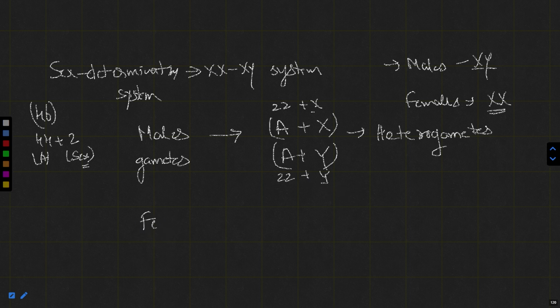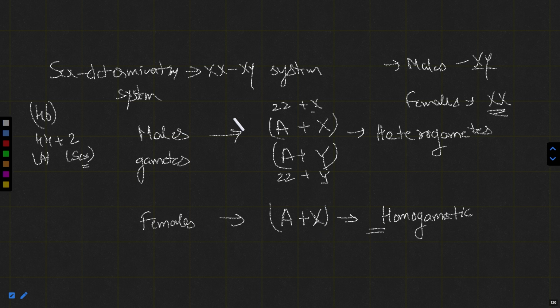Now let's talk about the females. Females have only one kind of sex chromosome, X. So the gametes produced here will be of one kind only, A plus X. So females are known as the homogametic sex, meaning they produce only one kind of gamete.